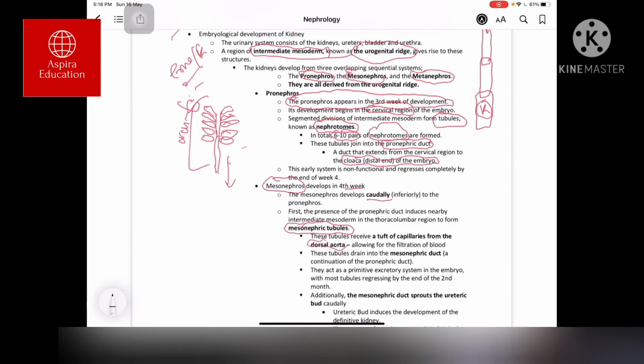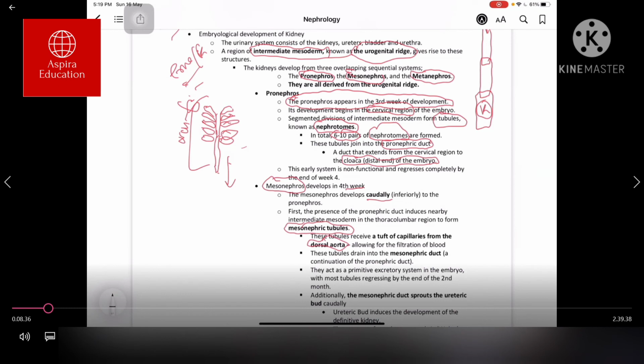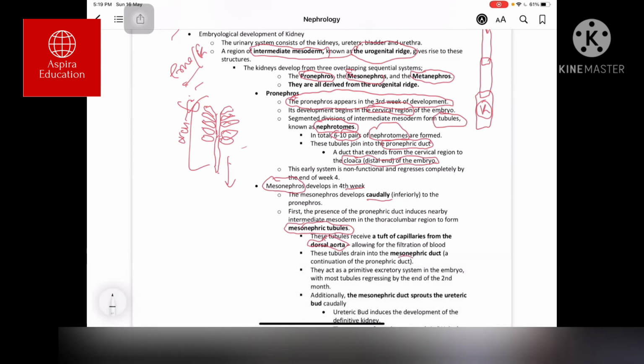So they do have branches coming from the dorsal aorta, allowing for filtration of blood. Now that the blood has reached these mesonephric tubules, urine can start forming. These tubules drain into the mesonephric duct, which is a continuation of the pronephric duct. Hence, again, the importance of knowing that a pronephric duct existed.